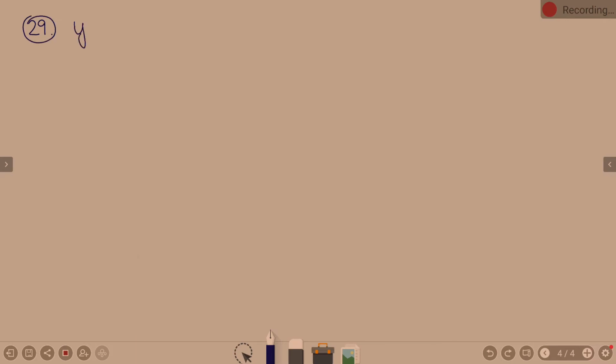Okay. y squared over 49 minus x squared over 9 equals 1. Okay. This is the graph of... there's a minus sign in the middle, so that means it is a hyperbola. It could be either going out left and right or out up and down.